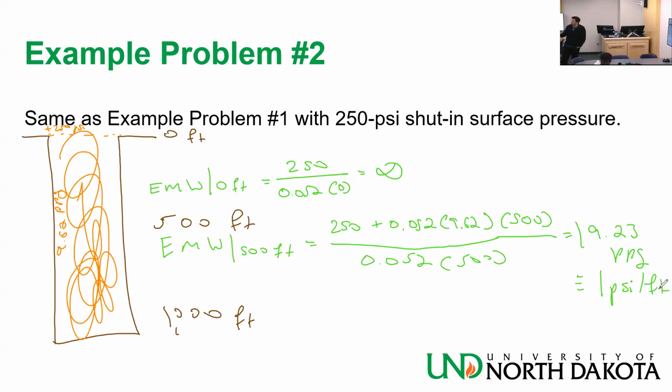So 19.23 ppg is about 1 psi per foot, which is on average the lithostatic stress gradient, which you will learn in geomechanics. Remember in well completions when we did overburden? There was this integral, and I told you average 1 psi per foot; that's where it comes from.